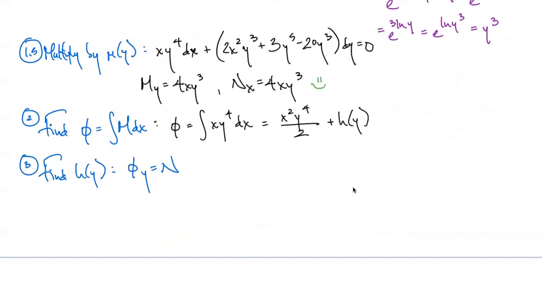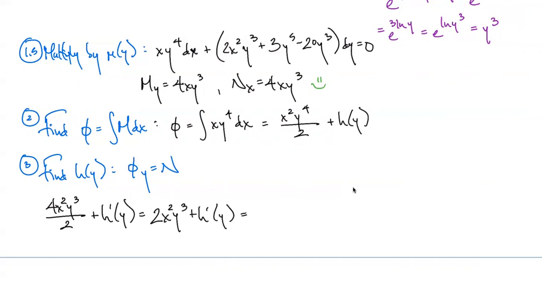And what do we get? We get 4x squared y cubed over 2 plus h prime of y equals, let's simplify that a little bit, 2x squared y cubed plus h prime of y.